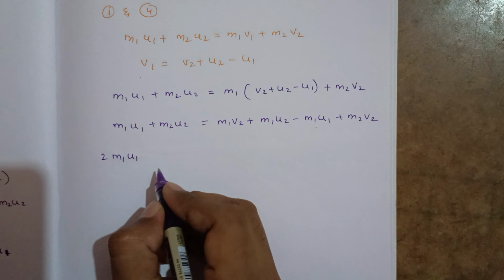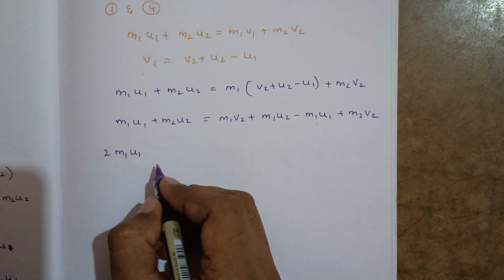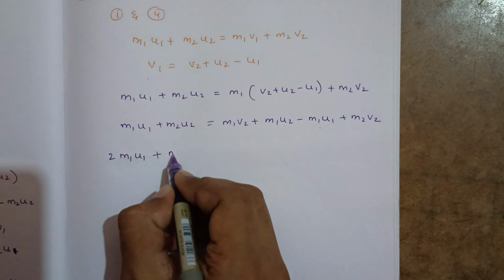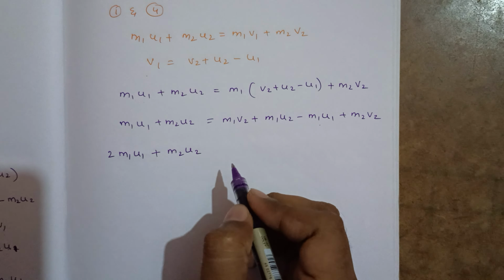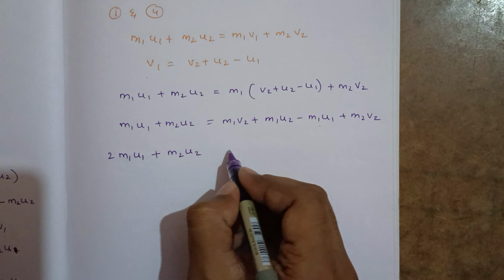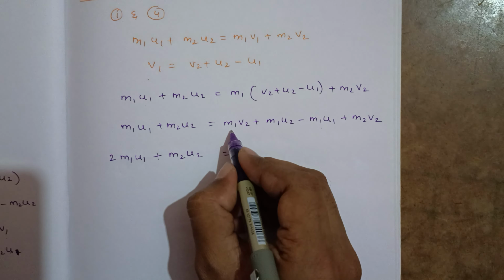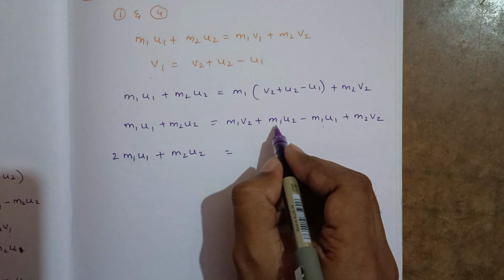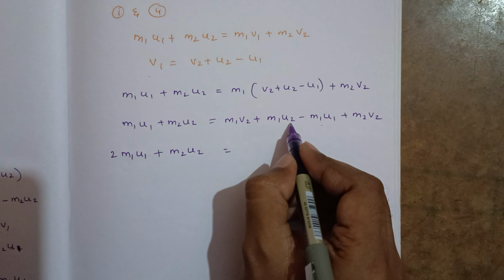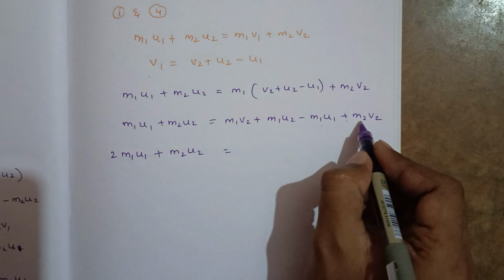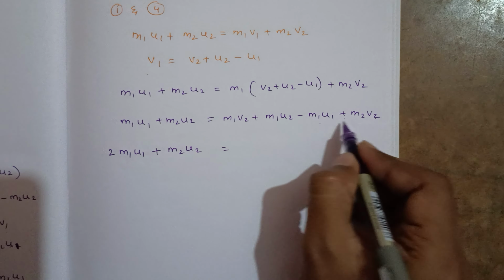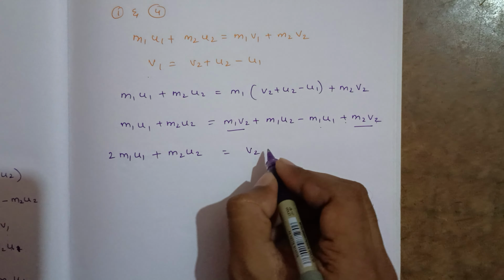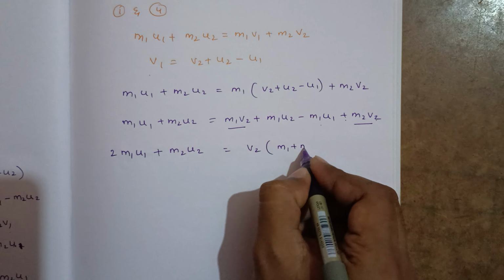So 2m1 u1 plus m2 u2 equal to m1 v2 plus m1 u2 plus m2 v2. So from these two I am taking v2 common, then m1 plus m2.